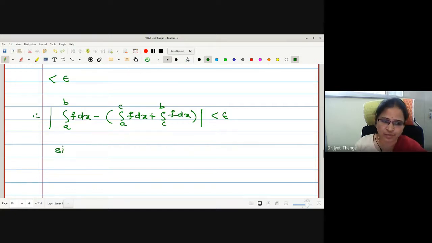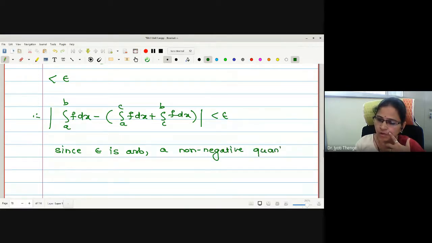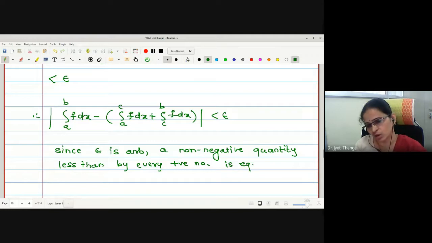Since epsilon is arbitrary, a non-negative quantity less than every positive number is equal to 0.